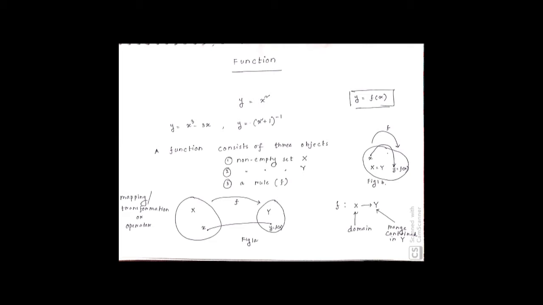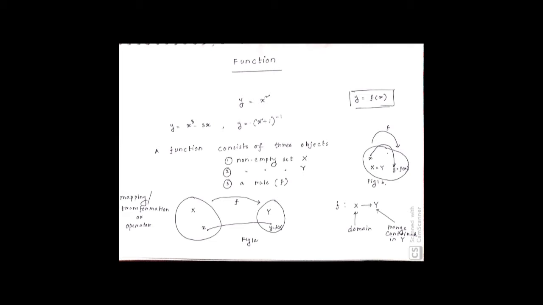This notation is supposed to be suggestive of the idea that the rule f takes the element x and does something to it to produce the element y equals f of x. The rule f is often called a mapping, transformation, or operator, to amplify this concept. We then think of f as mapping x to y, or transforming x into y, or operating on x to produce y.